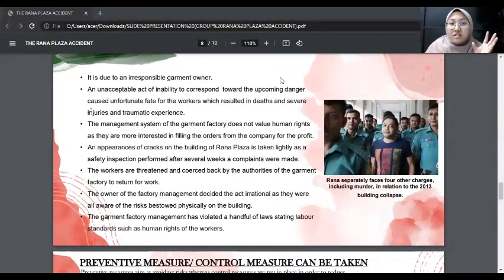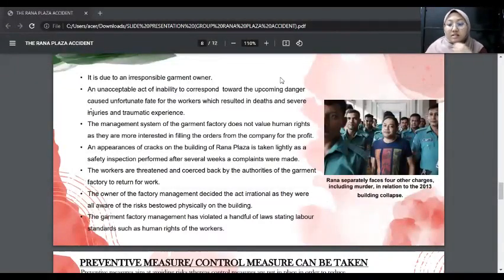They ignored the signs or warnings, such as the cracks in the wall of the building, which can lead to building collapse, which sacrificed thousands of lives.